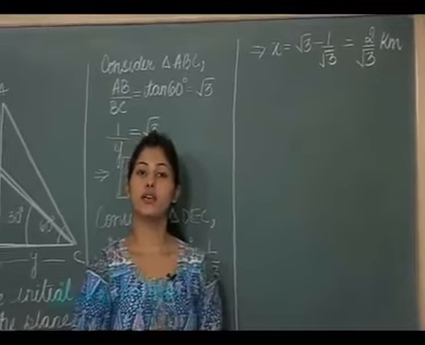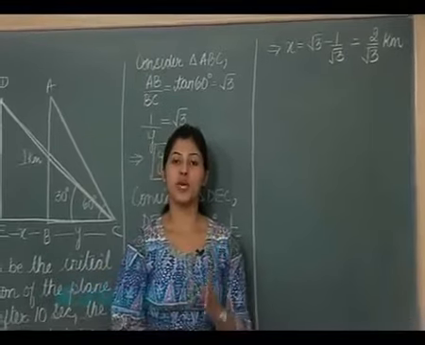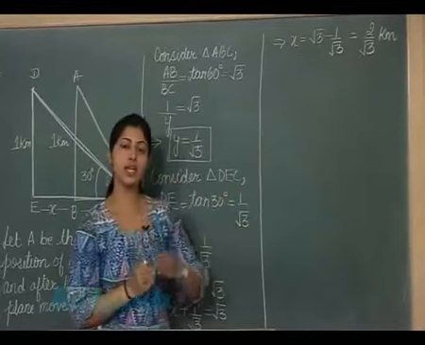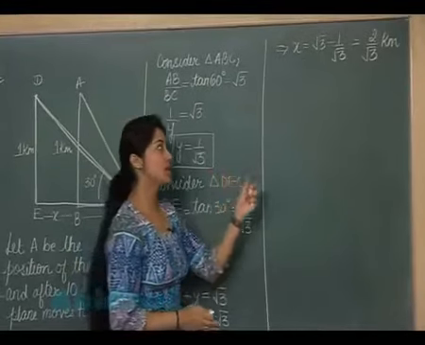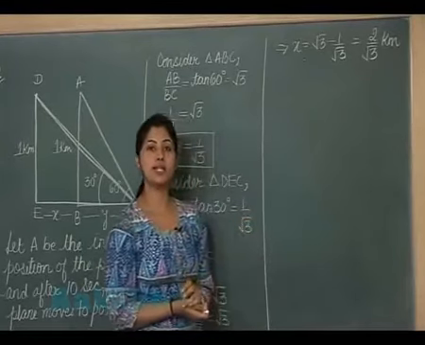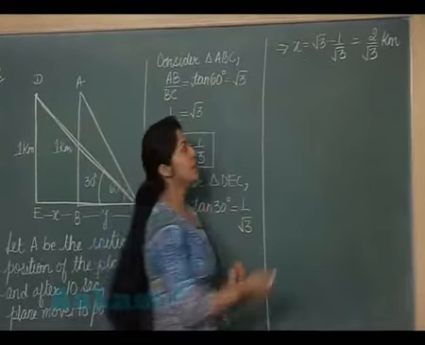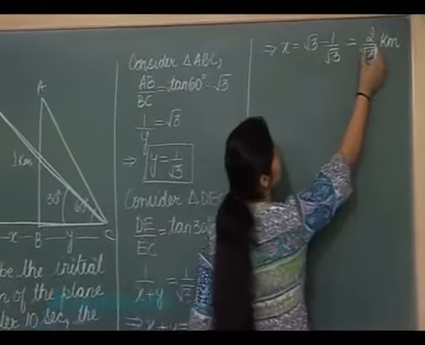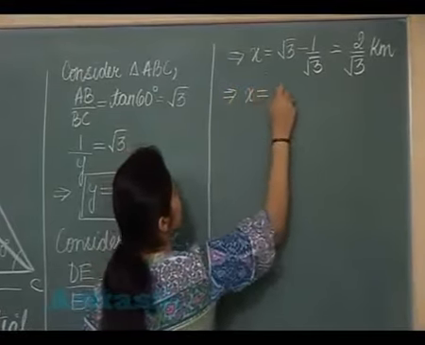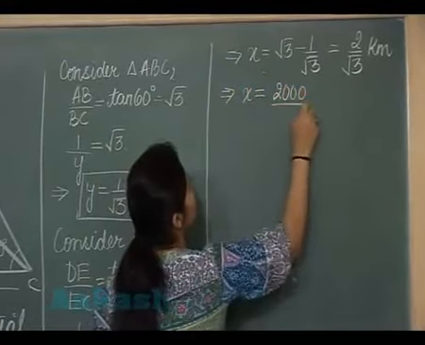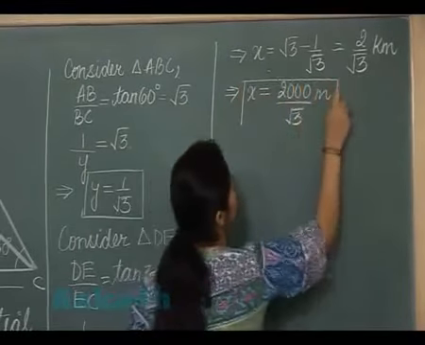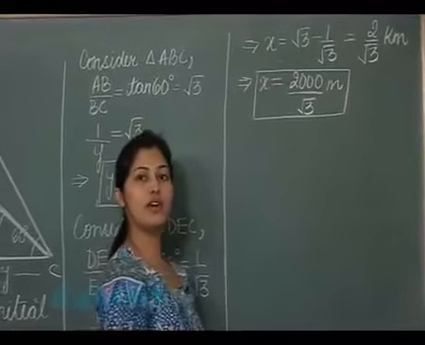Now student, we are given the time in seconds, so we will convert this distance also in meters so that we can find the speed in meters per second. So x is equal to 2 by root 3 kilometers, that is, x is 2000 by root 3 meters. So here we have got the value of x.